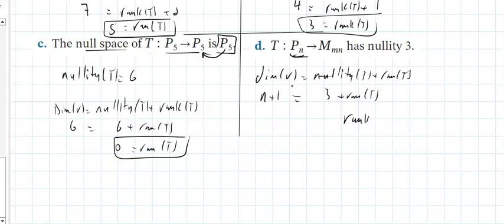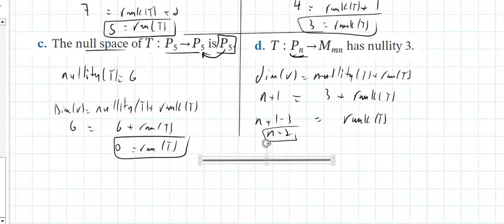So the rank of T would be n plus 1 minus 3. That's n minus 2. And that's pretty much it for this section.